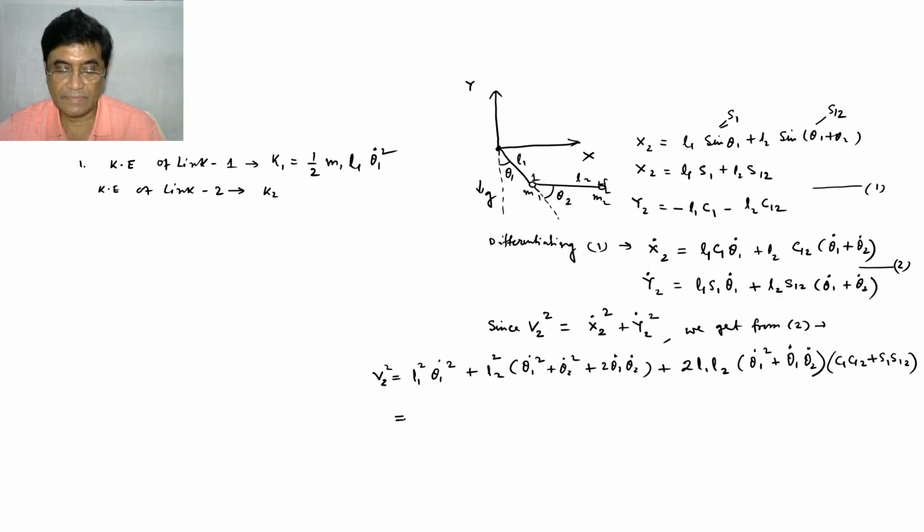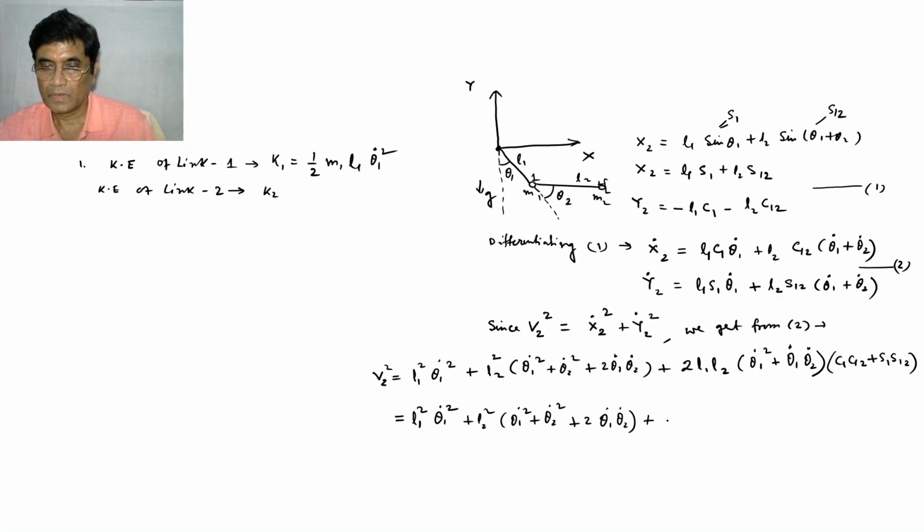So this can be further simplified in this form: L1 square plus L2 square plus twice L1 L2 cos theta 2.